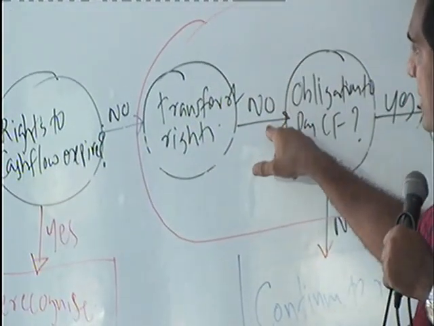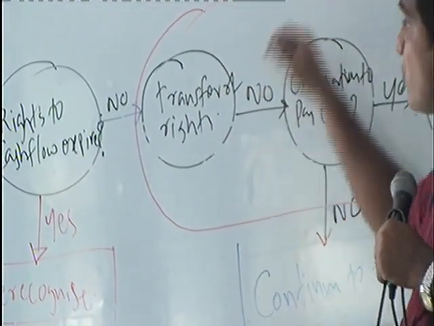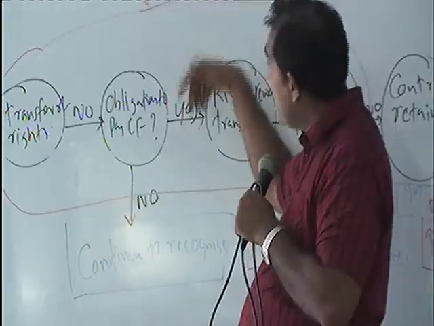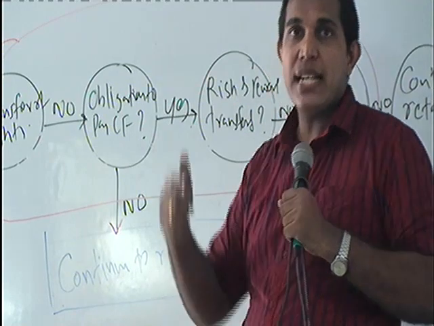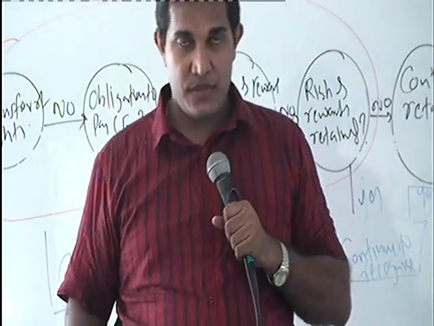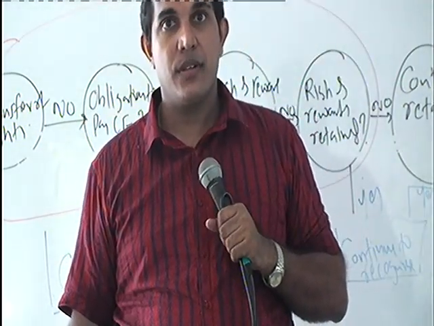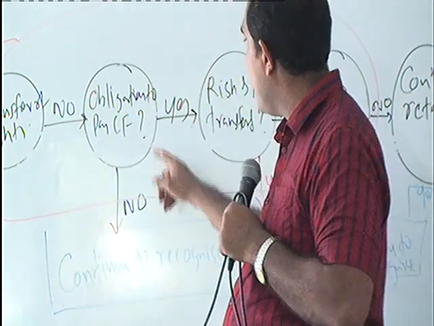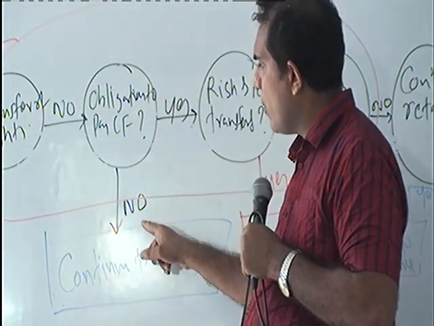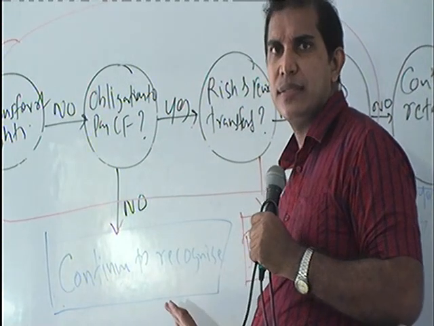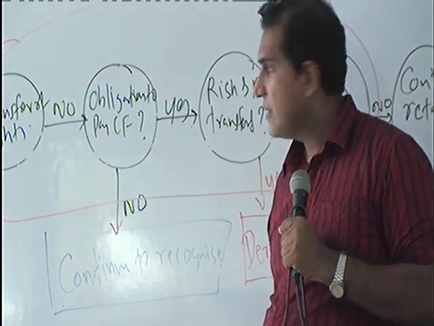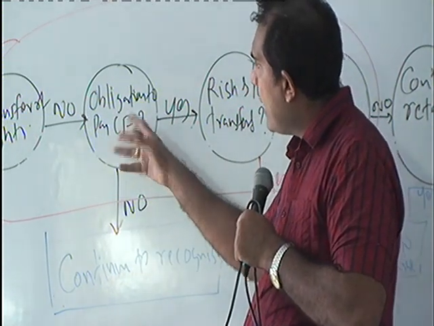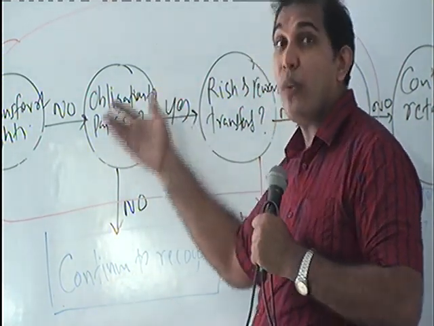If the answer is no, then we need to see the obligation to pay cash flows. If someone has an obligation to pay cash flows, and if no, continue to recognize.